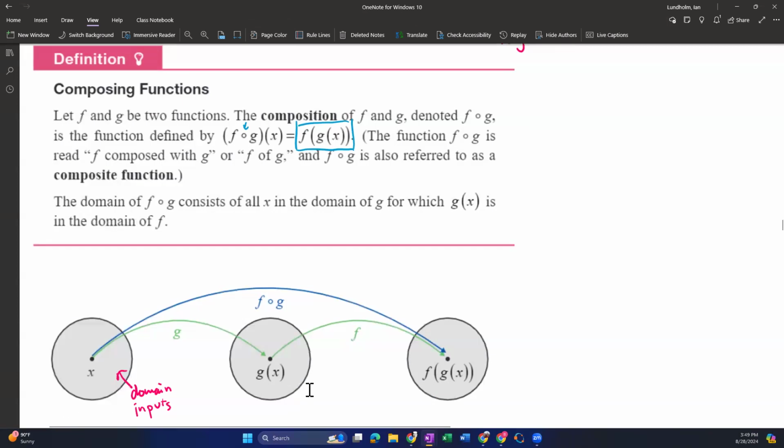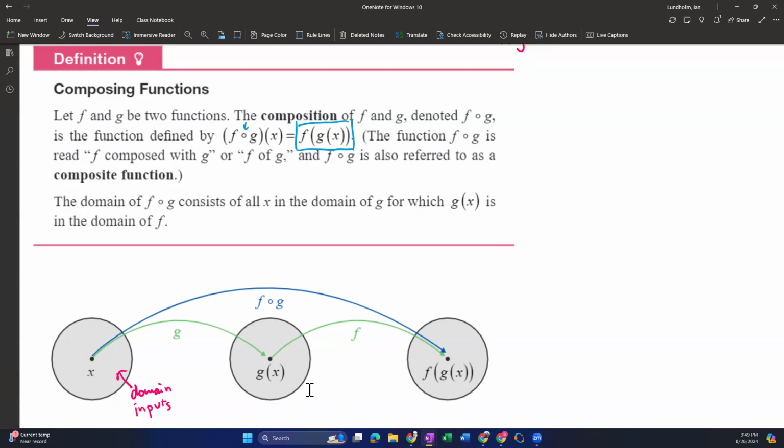This is the range of g, but the range of g becomes the domain of f, and f maps all of those g of x values into a new spot. So the middle one is a range and a domain, and then the last one is just the range of a range kind of a thing.